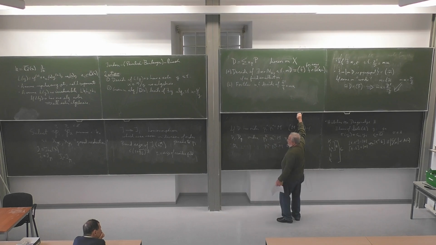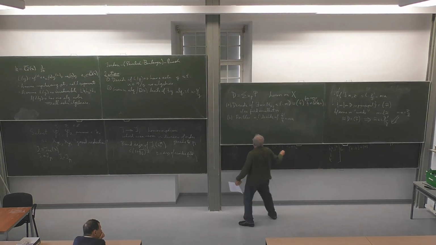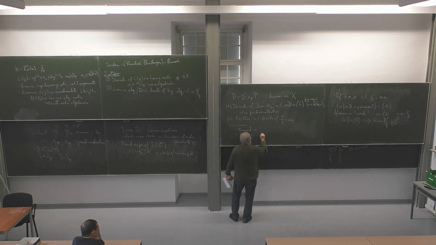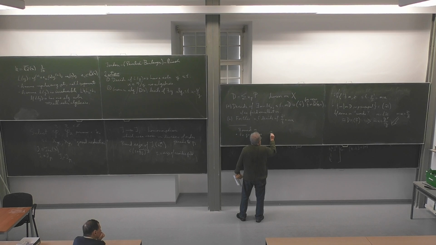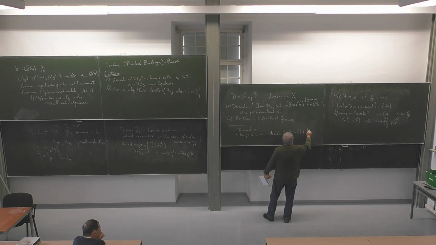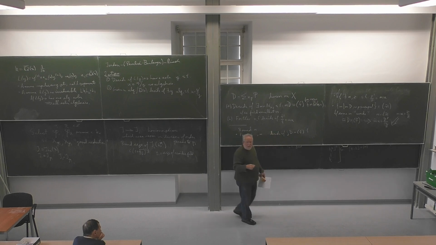So from this bound, I can bound M, and I need to do two things for J equals 1 to M. I need to decide if JD is principal.